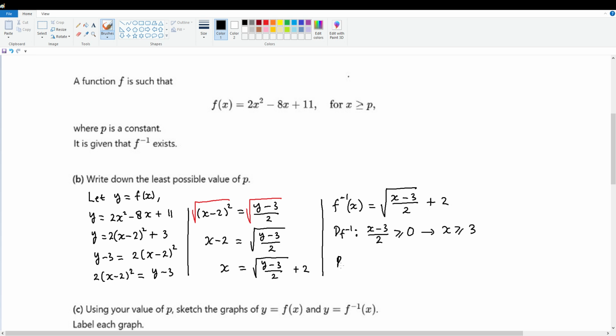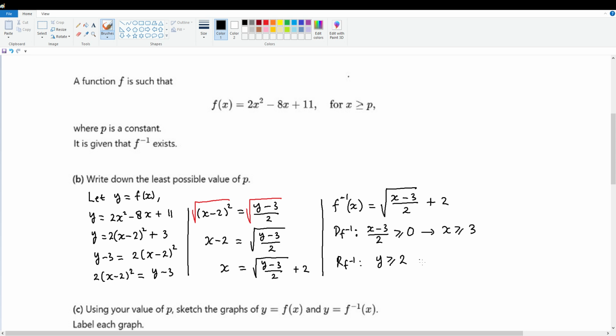It means the range of this inverse y must be greater than or equal to 2. You know that the square root function has the property of increasing monotonically. It is always positive and increasing. So we denote the symbol of greater than or equal to 2 in this case.